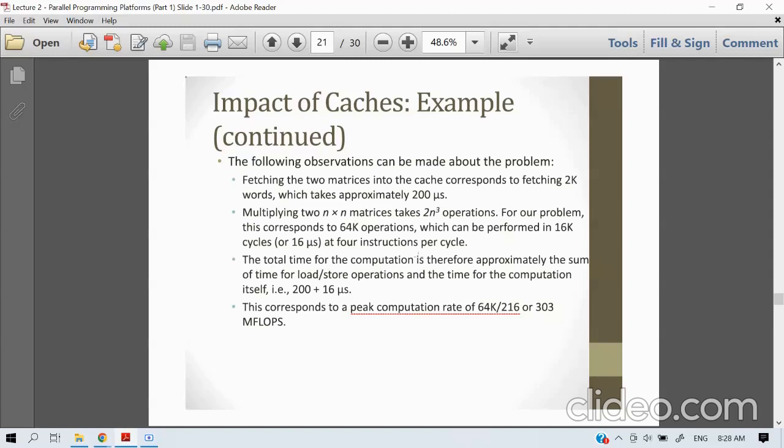The total time for the computation is therefore approximately the sum of the time for load or store operations and the time for the computation itself. So it requires 200 microseconds plus 16 microseconds for all the operations. This corresponds to a peak computation rate of 64K by 216, or 303 MFLOPS, right?